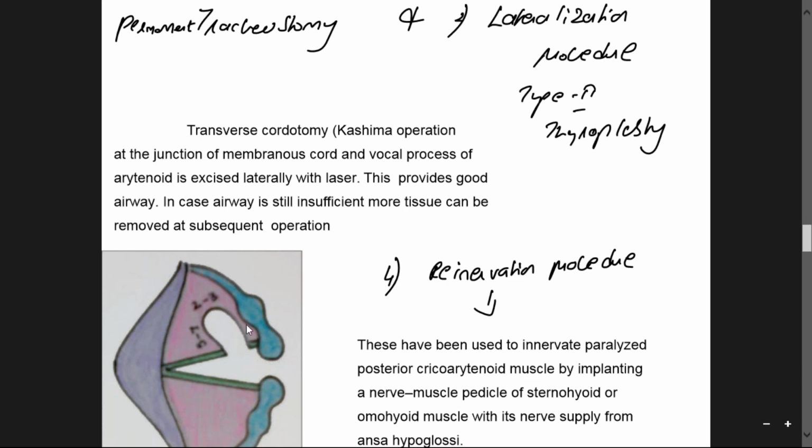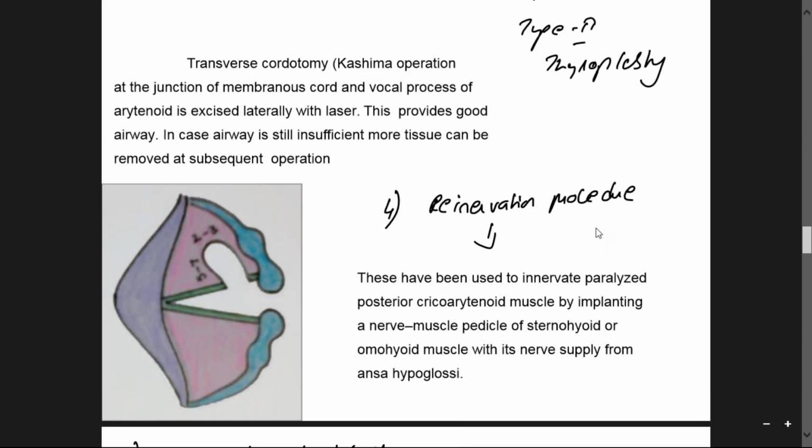But type 2 thyroplasty is simpler and easier to perform. Whereas in the reinnervation procedure, the vocal cords are in an adducted position because of the unopposed action of the cricothyroid muscle, right?